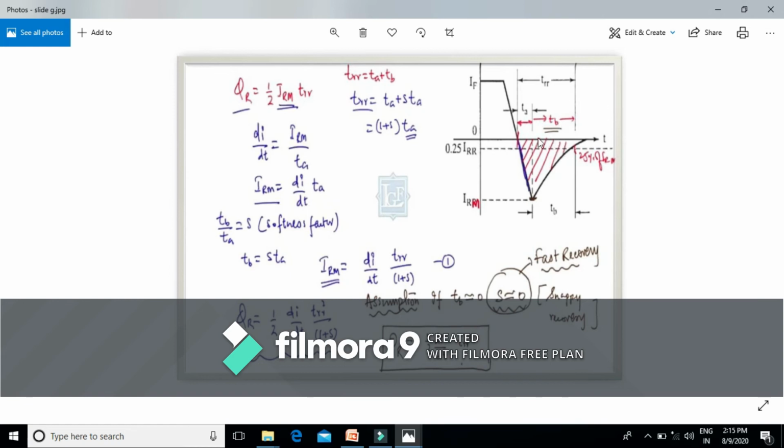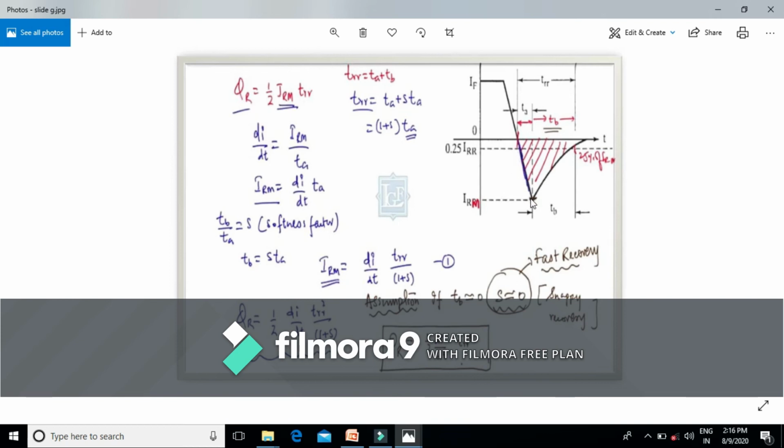To calculate the charge under this curve, we can treat it as a triangle. The charge can be written as QR equal to 1 by 2 into base into altitude. TRR is the base, and the altitude is IRM. So QR is equal to 1 by 2 into TRR into IRM.